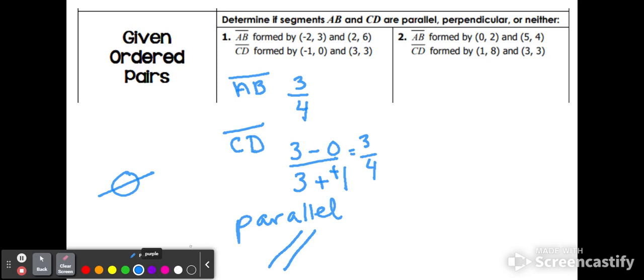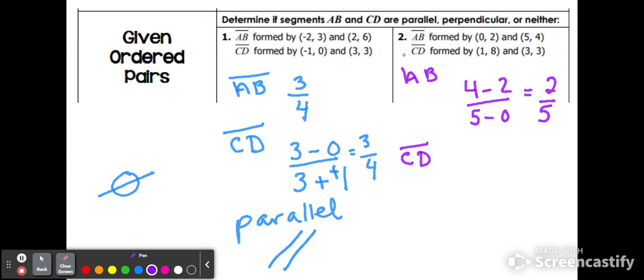All right, so let's look at this one for AB. Again, we're going to use our point formula for finding slope. 4 minus 2 over 5 subtract 0, 2/5. And then in line CD, 3 subtract 8 over 3 subtract 1.